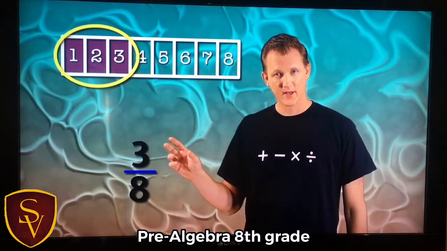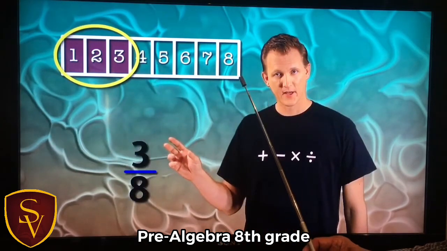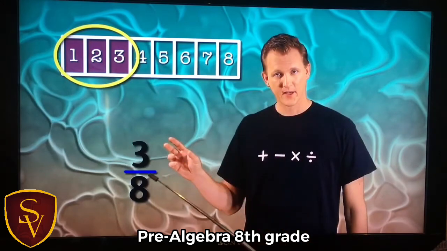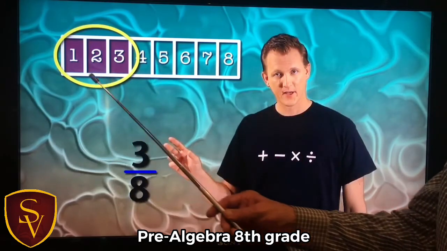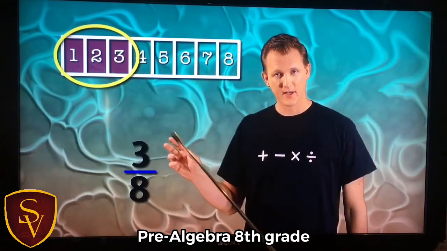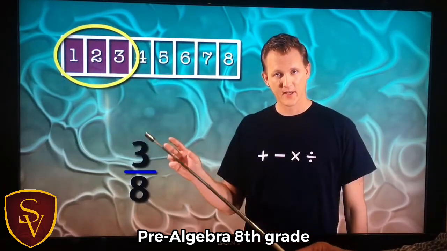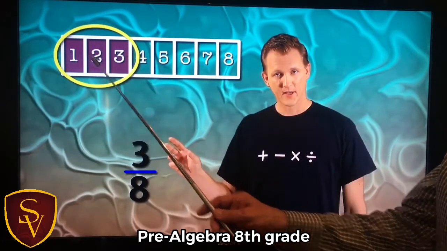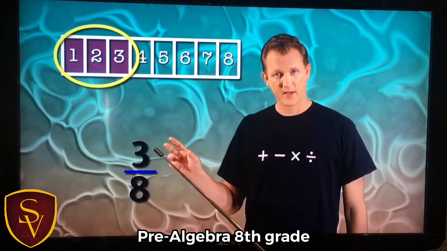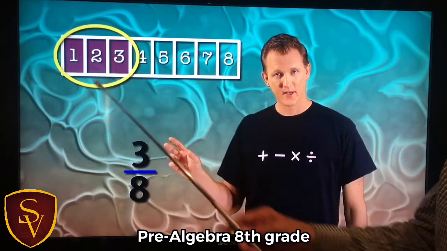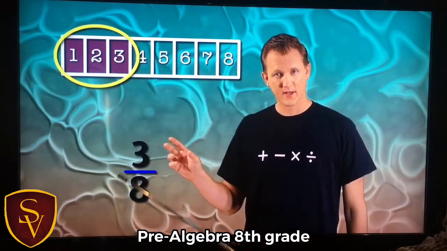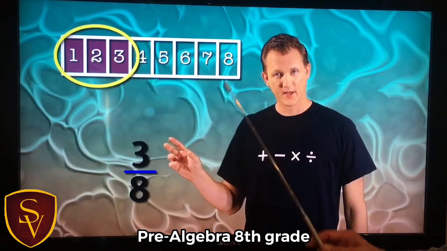As we can see in this example, we have divided this rectangle into 8 equal parts, in which the number at the bottom shows the number of parts it has been divided into. And the number 3 is showing the number of pieces that have been taken, in the upper number. So the numerator is giving you the number of pieces that have been taken, and 8 is telling you the number of divisions that we have done in the rectangle.